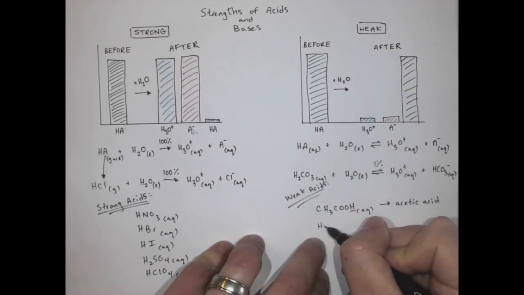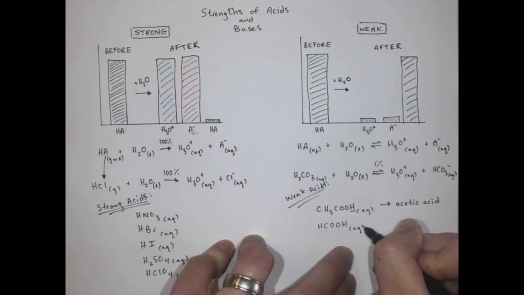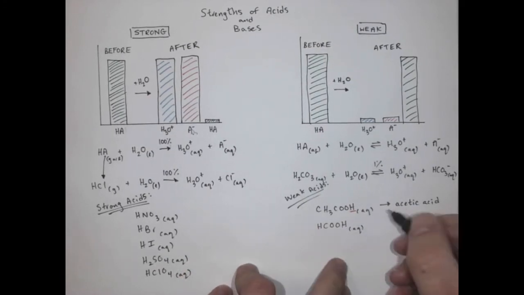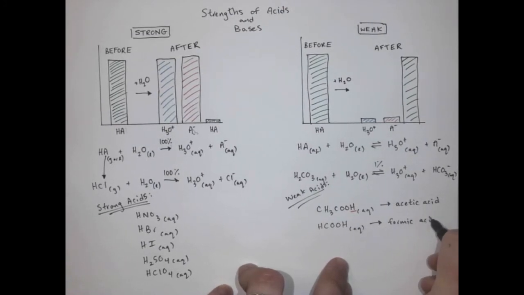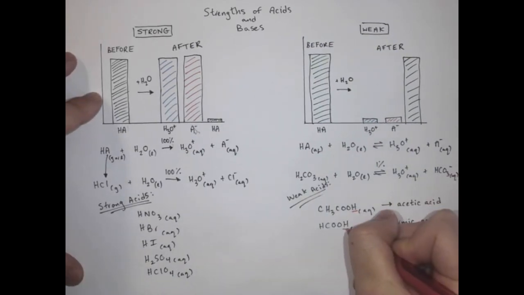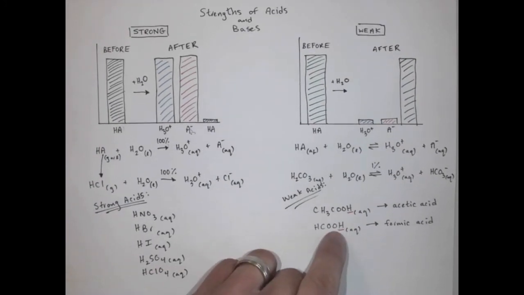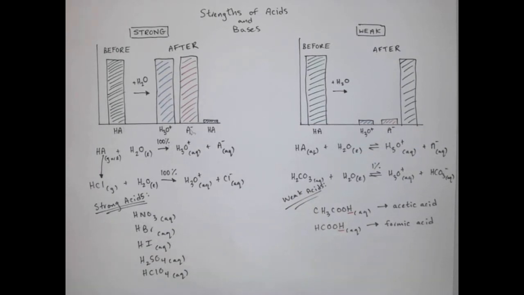Sometimes they're written a little differently, and it's not always easy to identify which hydrogen is given up from the formula to water, but this one's called formic acid or methanoic acid, and it gives up this one right here. So this introduces a little bit of complexity, as the hydrogen is not always the one found right at the start of the formula. But anyway, this is the difference between strong and weak acids.